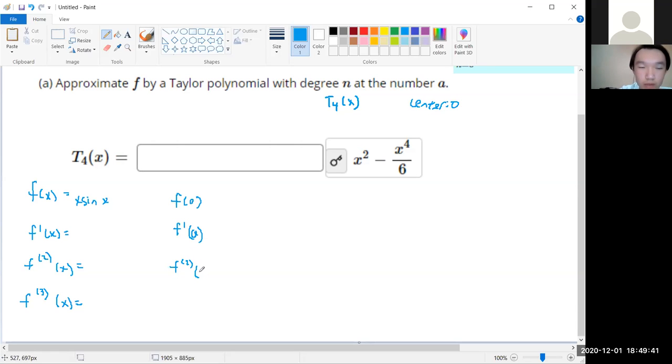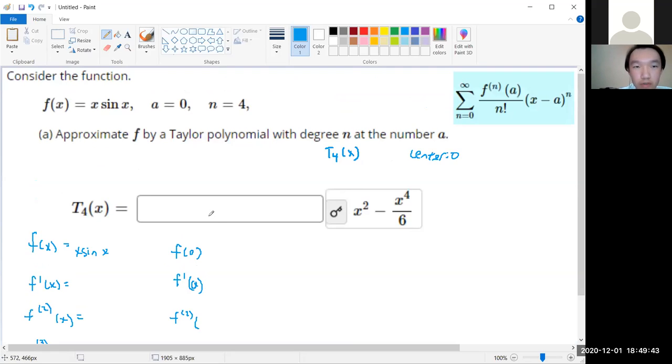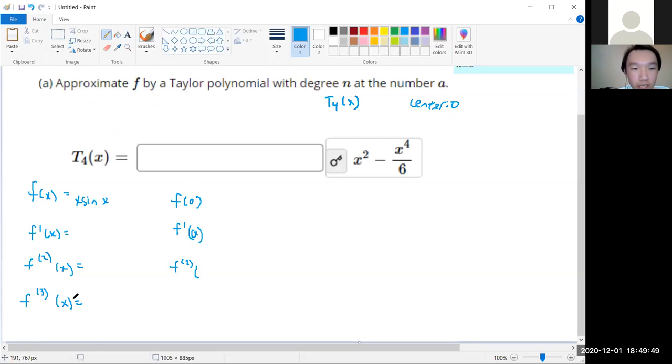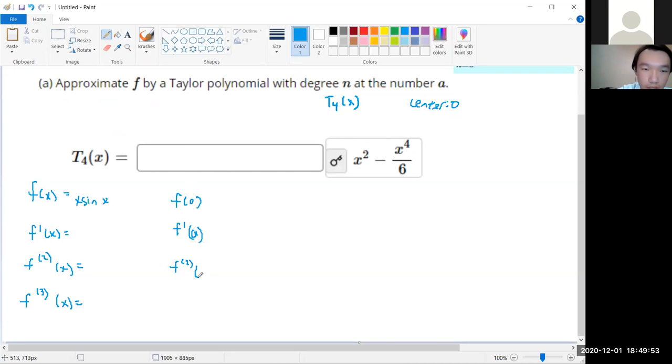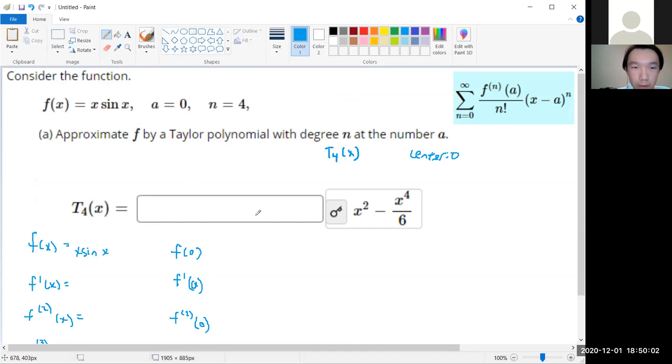Finding the derivative once will probably be okay because that would just be product rule. But finding the second and third derivative would get quite tedious. So that's why we wouldn't want to go this route. But if we really needed to, we could. It would just take us like 4 hours. So what's the alternative method?